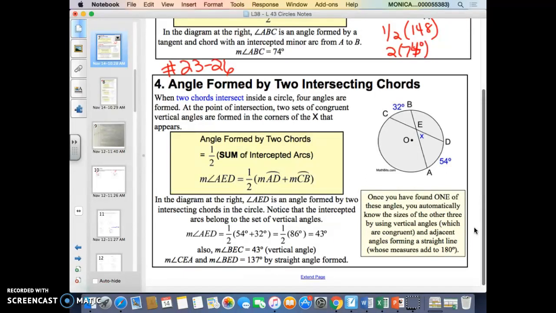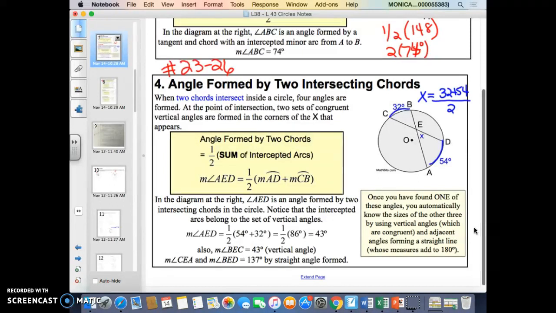Basically, to solve for x, you're going to take the sum of the two intercepted arcs. So this would be one of your intercepted arcs, and this would be the other, and you take half of it. So x is going to equal 32 plus 54 divided by 2.